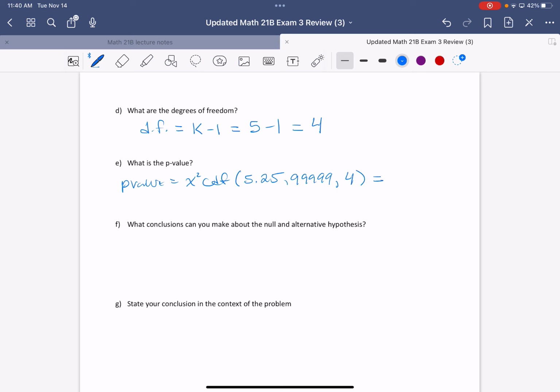Please practice this in your calculators. I know I didn't say where to round, so let's round to 3 decimal places. Make sure you're able to get 0.263. If you're not getting that, raise your hand.